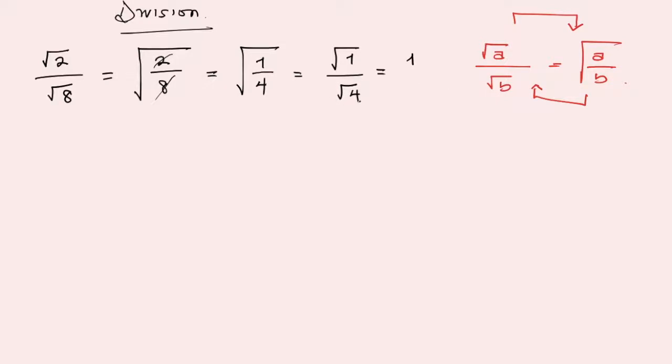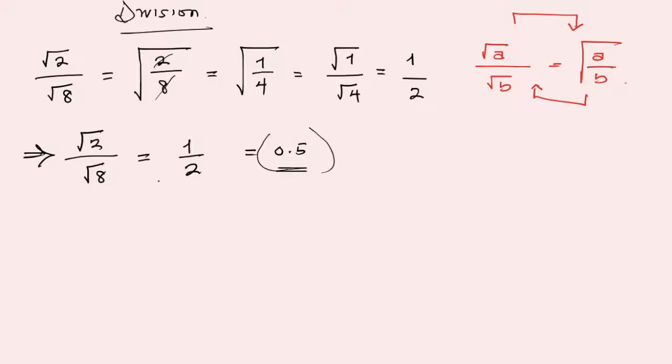And we know that the square root of 4 is equal to 2. So ultimately, our final answer is that root 2 over root 8 is equal to 1 over 2. And if you solve this on your calculator, you find that this is 0.5, and that's exactly what half is.